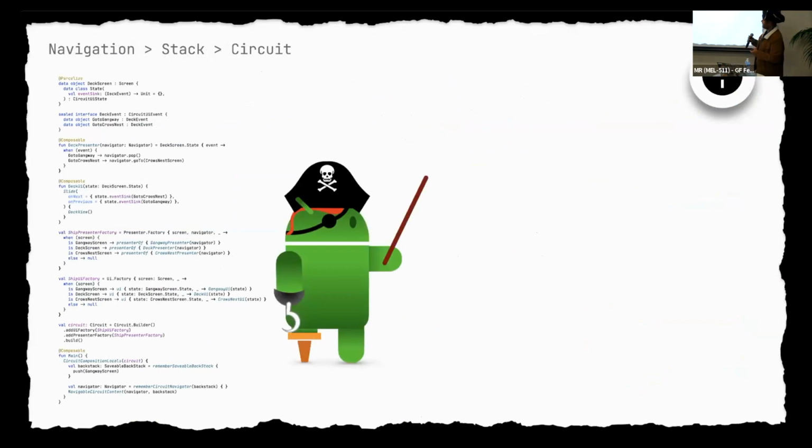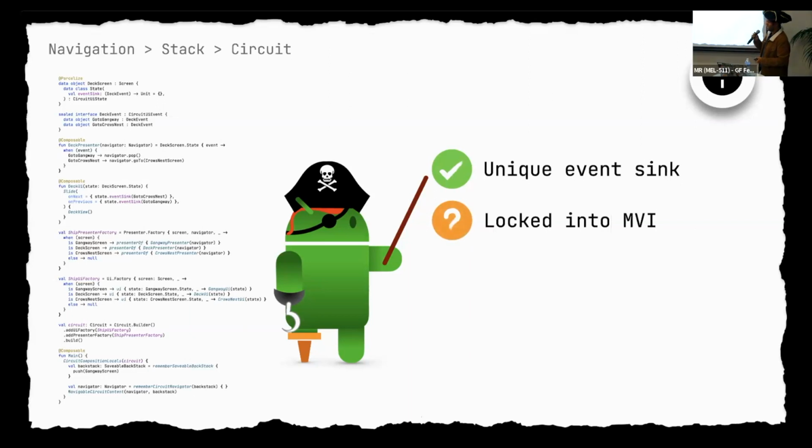Let's actually see what's unique about it. It has this idea of a unique event sink, which is something that I haven't seen before. So instead of having the heavy machinery of coroutines to pipe events, they just have a simple lambda that's exposed by the state itself, which is unique, I should say. I might do that in our own architecture at some point. You're kind of locked into MVI.